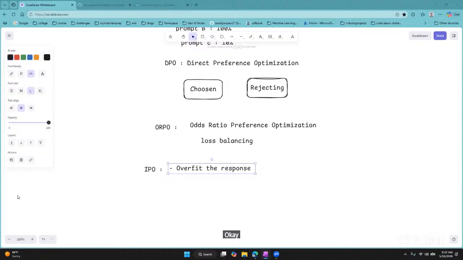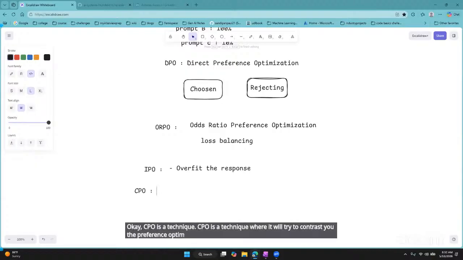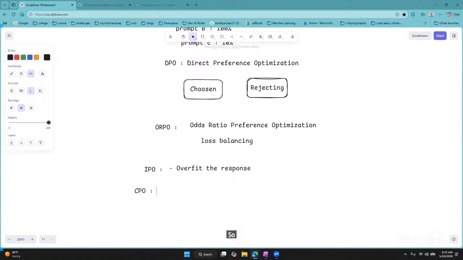Okay. So there is something called CPO. CPO is a technique that tries to apply contrastive preference optimization in context. This CPO will train the model by contrasting the preferred and dispreferred outputs.